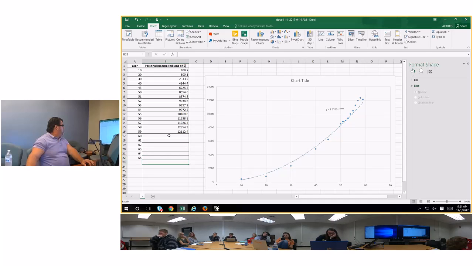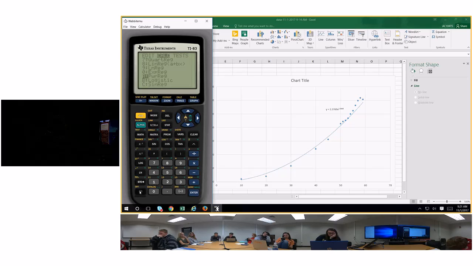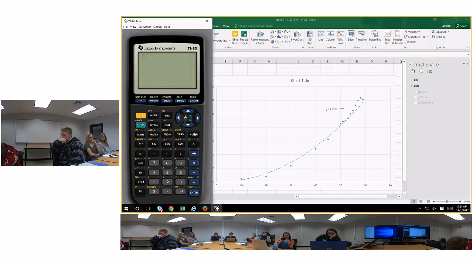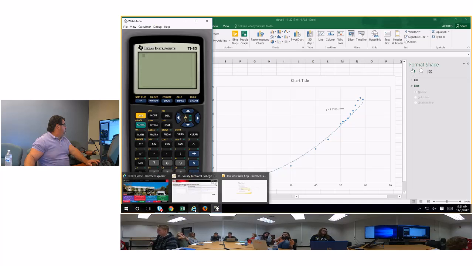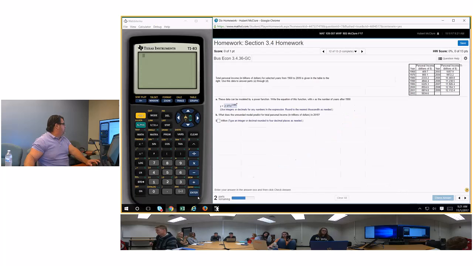So take your calculator and type in 2.377, and then multiply that by 65 raised to the 2.085.